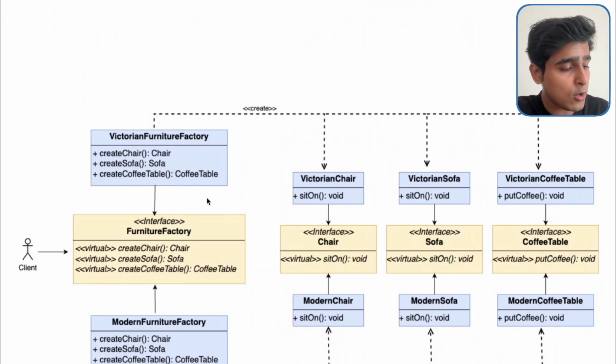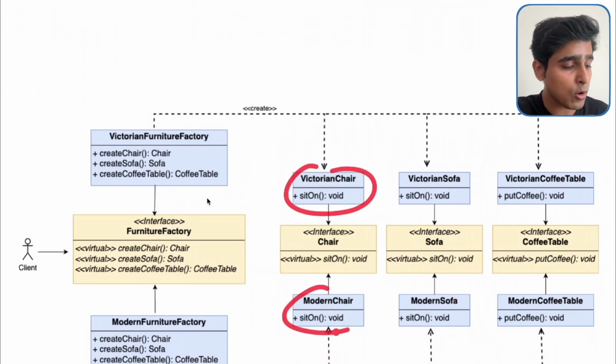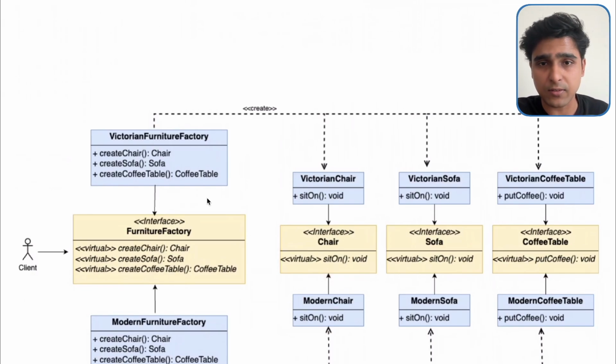Now, all of the different variants of the chair, sofa, and coffee table will implement this interface. So we will create one Victorian chair, one modern chair, similarly one Victorian sofa, Victorian coffee table, and modern coffee table. So now these are our concrete classes which has implemented these interfaces.